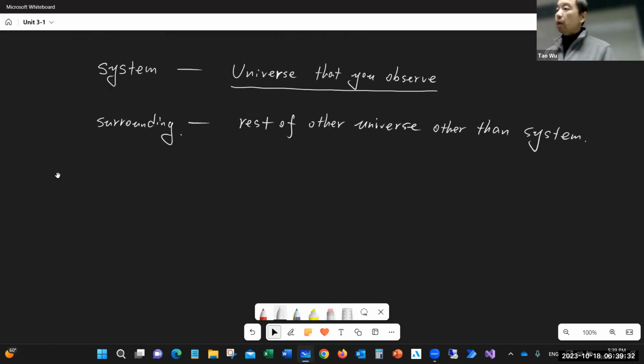And then we're going to talk about heat a little bit. So what exactly is heat? When we talk about heat, we usually use a small q to represent heat. Small q to represent heat. First of all, heat is one kind of energy.